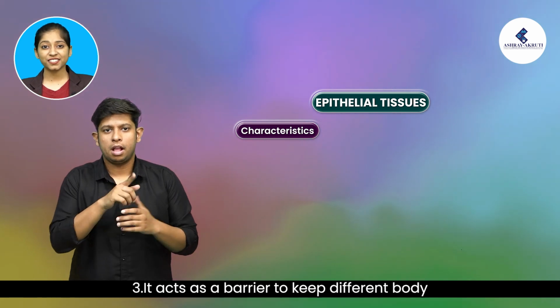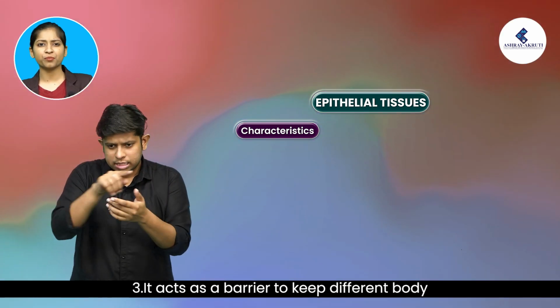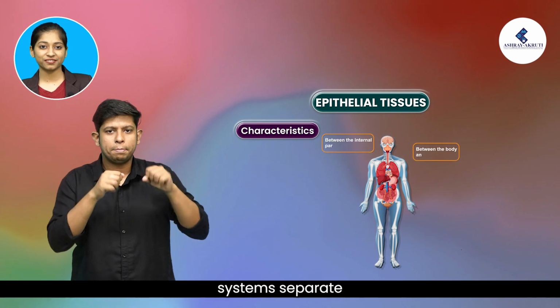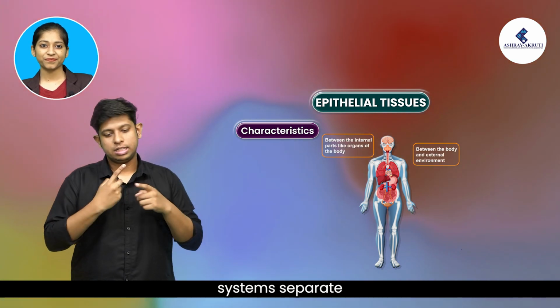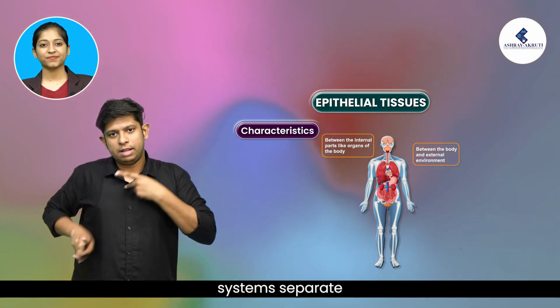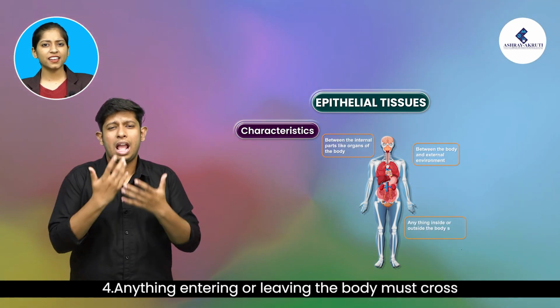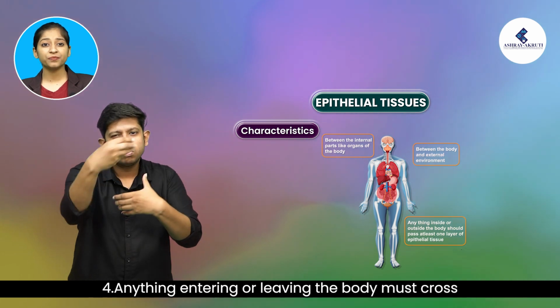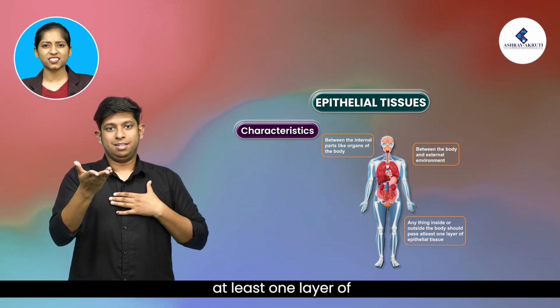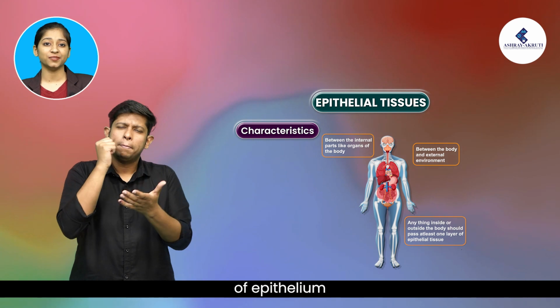It acts as barrier to keep different body systems separate. Anything entering or leaving the body must cross at least one layer of epithelium.